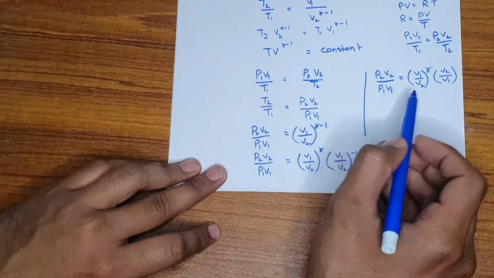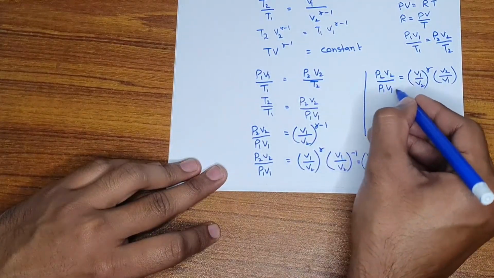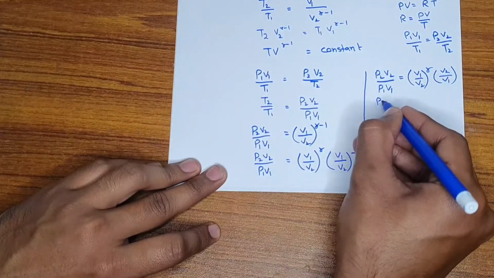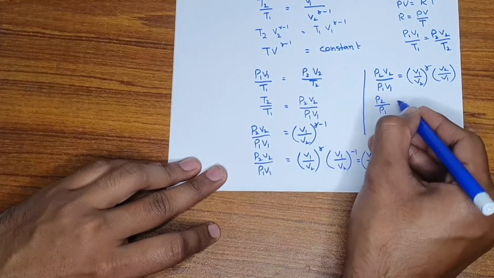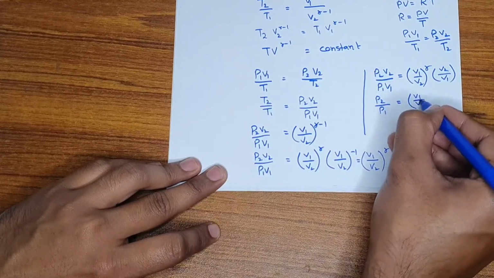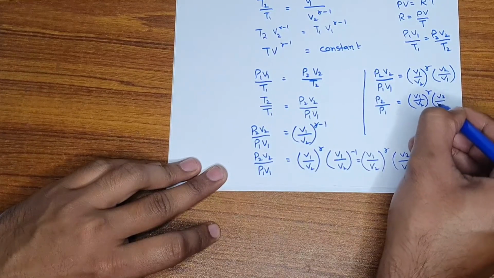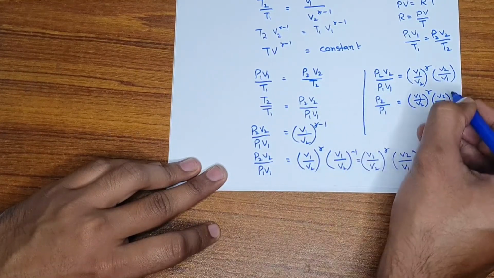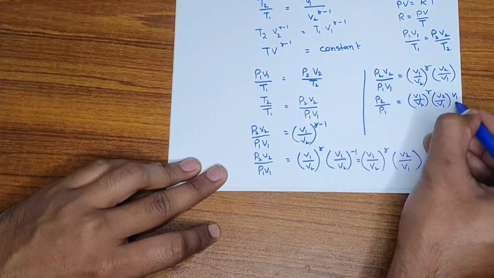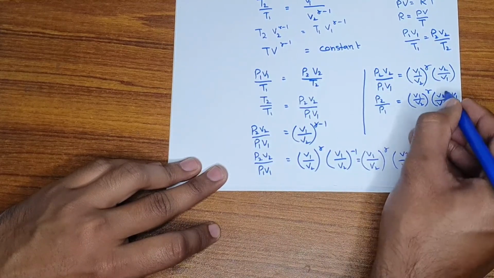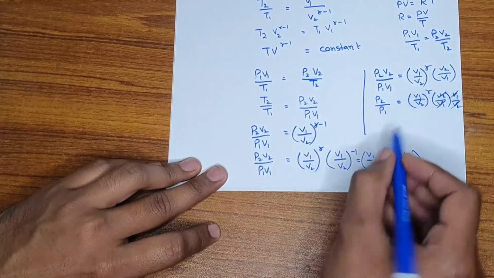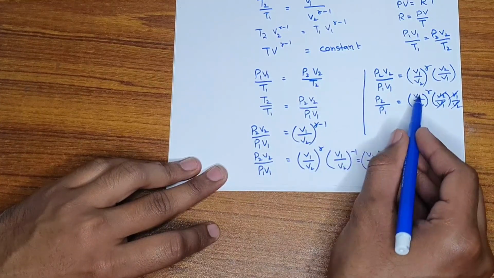Let me explain it. If I take this V1 here and this V2 here, then it will be P2 over P1 equal to V1 over V2 to the gamma, times V2 over V1. This V2 has cancelled out with this one, and V1 has cancelled out with this one, so I'm left with P2 over P1 equal to V1 over V2 to the gamma.